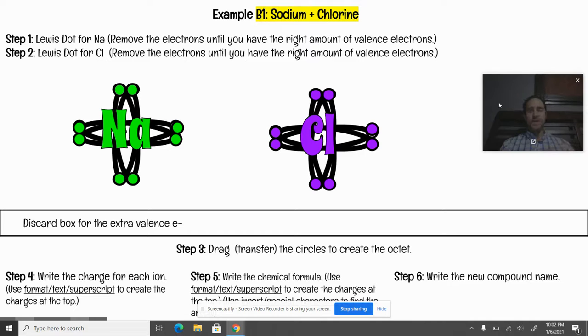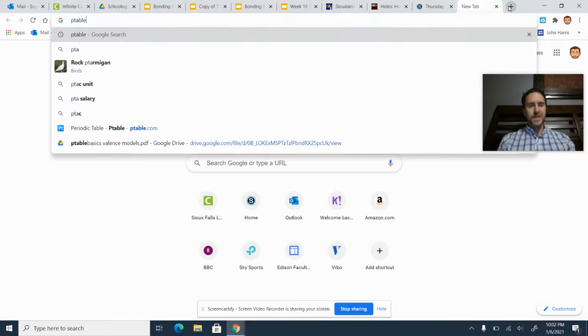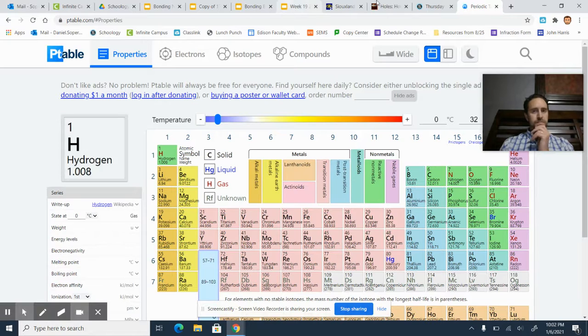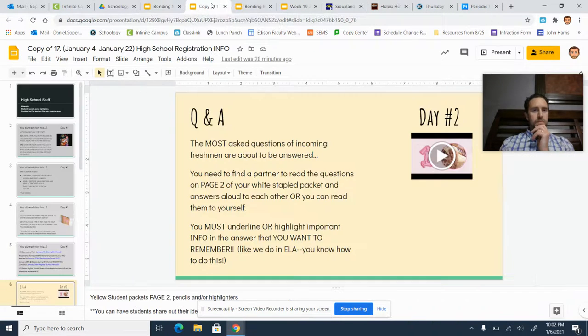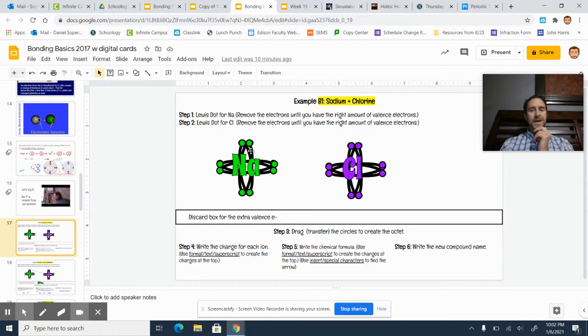The way I'm going to do this is by going to a periodic table, and let me show you. If you don't have your periodic table with you, just go to ptable.com. Here's a really good one. Step number 1, make the Lewis dot for sodium, Na.